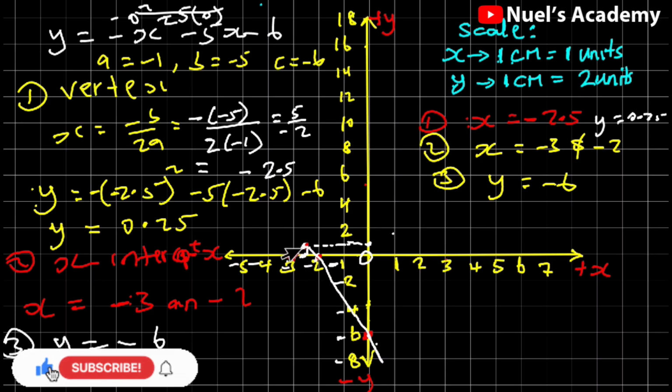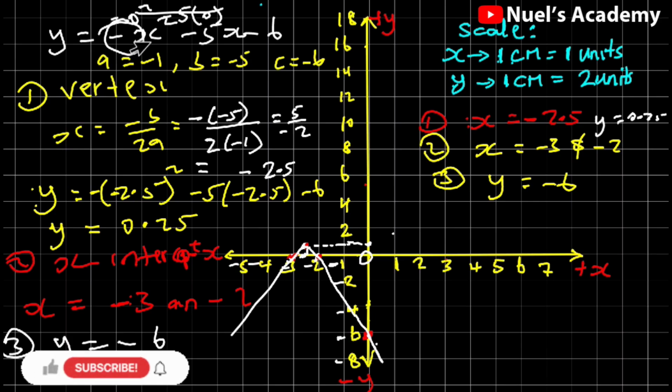So the curve will look like this. Now this parabola opens downwards because of the presence of this negative in front of the x squared, which is when a is equal to a negative value, as I explained earlier.